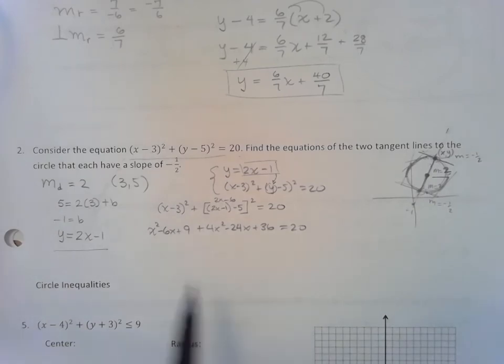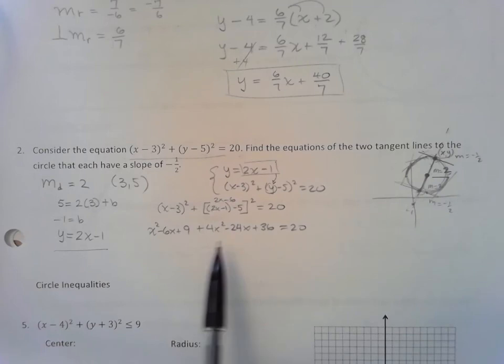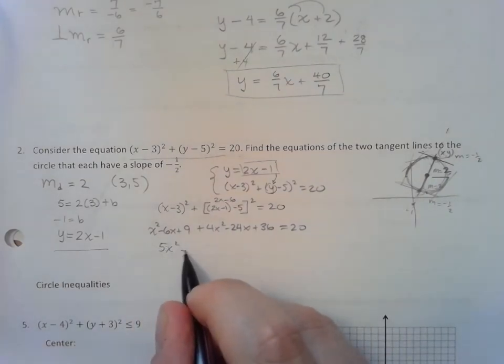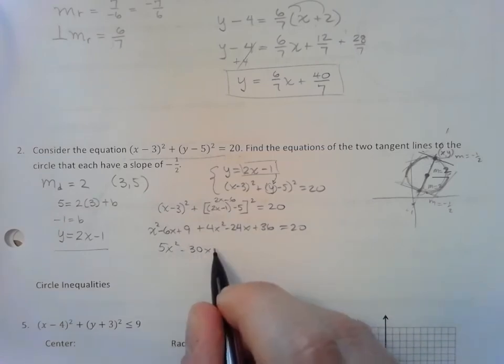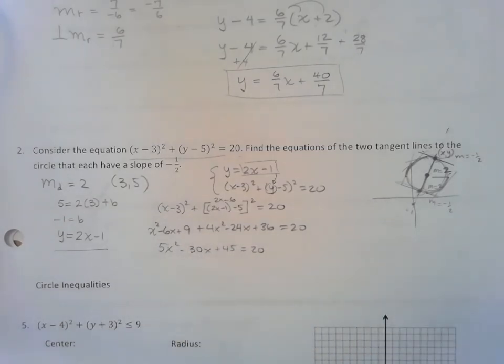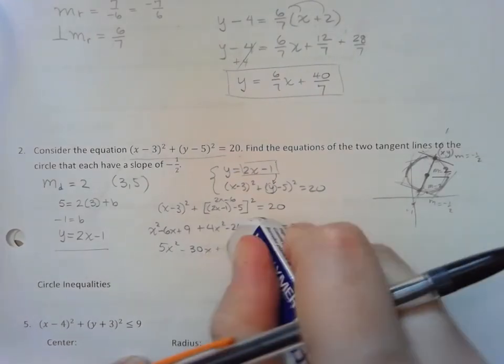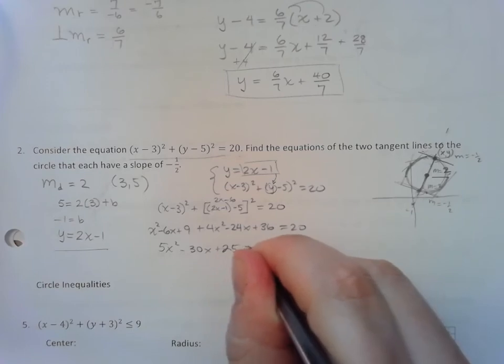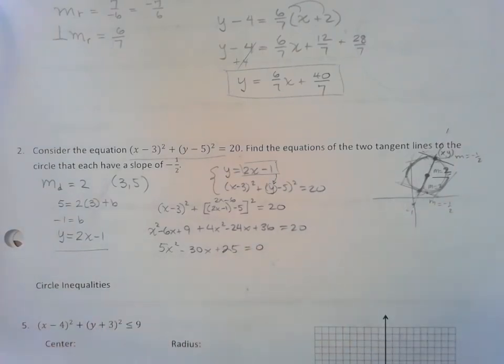Okay. Combine like terms on the left side. It looks like I have a quadratic equation, but the great news is I only have x to solve for. 5x squared minus 30x plus 45 equals 20. Let's subtract 20 from both sides so that this equals 0. To solve a quadratic equation, one of the techniques is to get it in standard form by setting it equal to 0. What do I notice about these 3 terms?